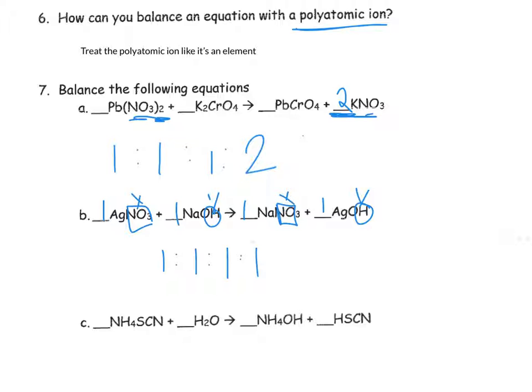All right, let's try this. This is a little harder. These polyatomic ions can be a little more challenging to spot, but there's one. That's the anion. And the other one is right here. Okay, and then something's happening with my hydrogens and oxygens there.